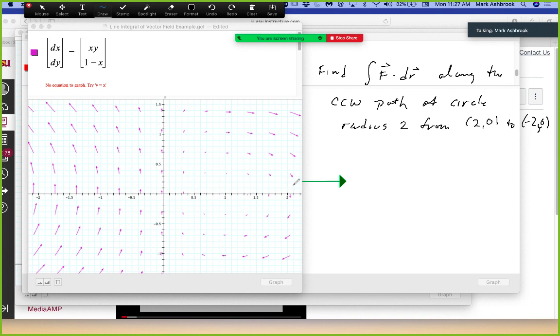So basically I'm saying we're going to start at 2, 0, and we're going to have the path from 2, 0 to negative 2, 0.